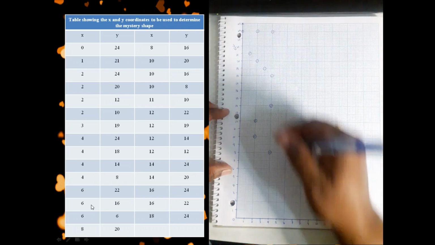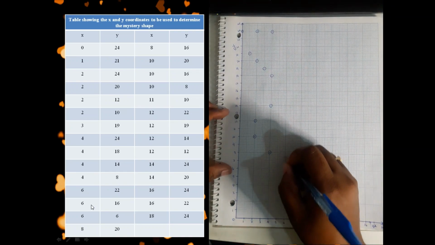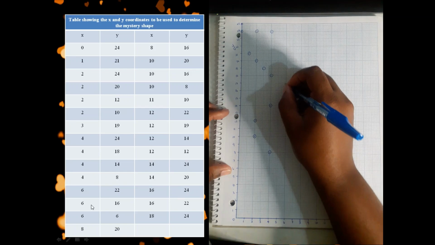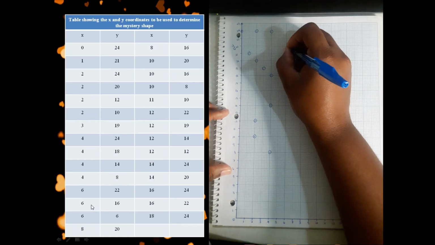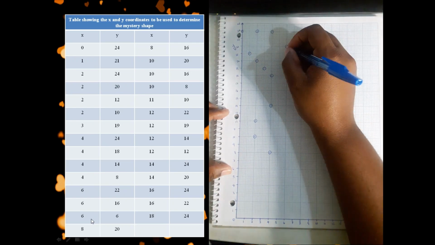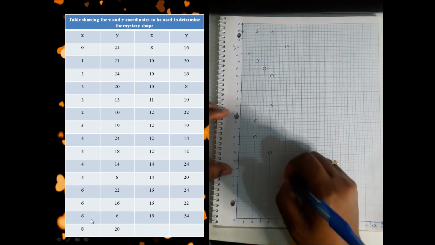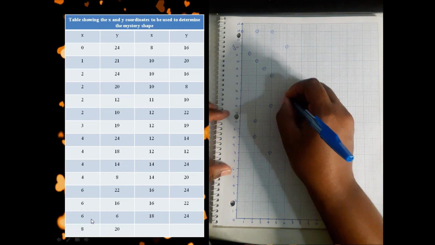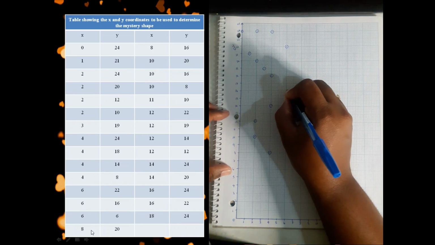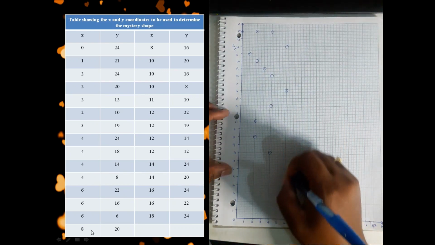Next point, 6 to 22. Next point, 6 to 16. Next point, 6 to 6.